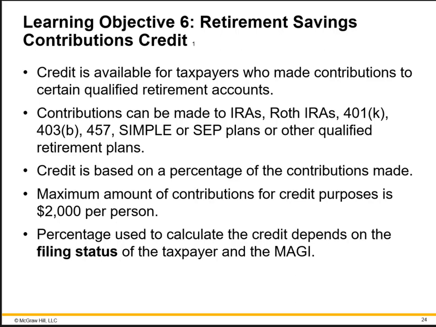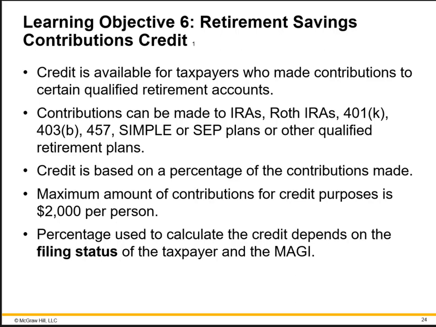If you put money into a 401k at work, or you make a contribution to the IRA, that amount comes off of your AGI. If it's an employer plan, it literally gets subtracted out of your W-2 wages in box 1. The amount that you contribute to your 401k or whatever plan your employer sponsors.